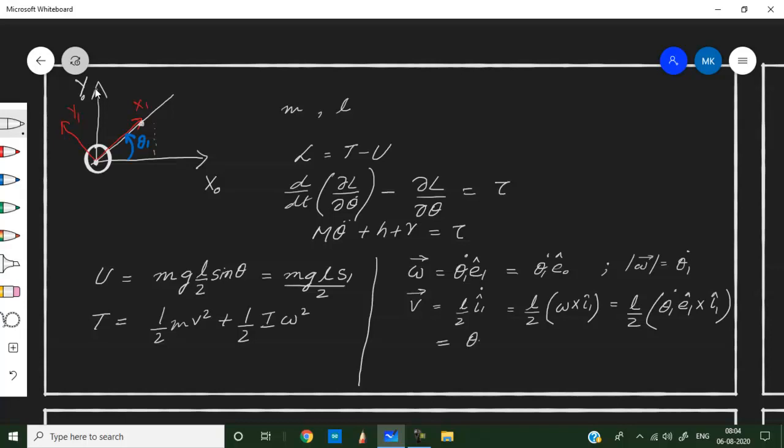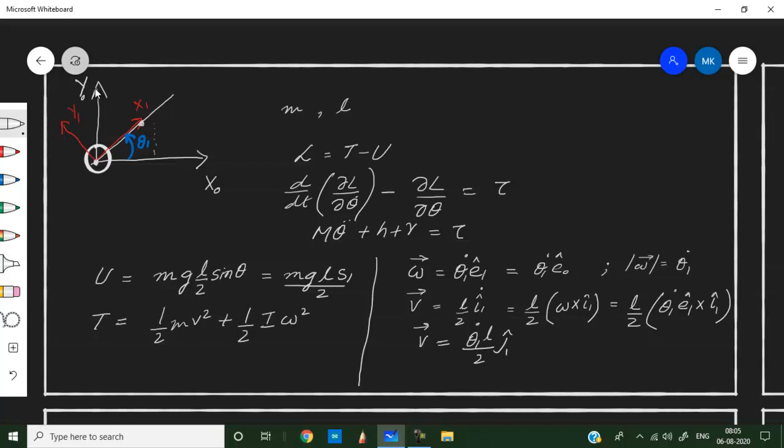Theta 1 dot is a scalar, so theta 1 dot L by 2 times E1 cross I1. E1 is out of the paper, cross I1, which will be nothing but a unit vector along Y1, so it will be J1. So this is your linear velocity at the center of mass.